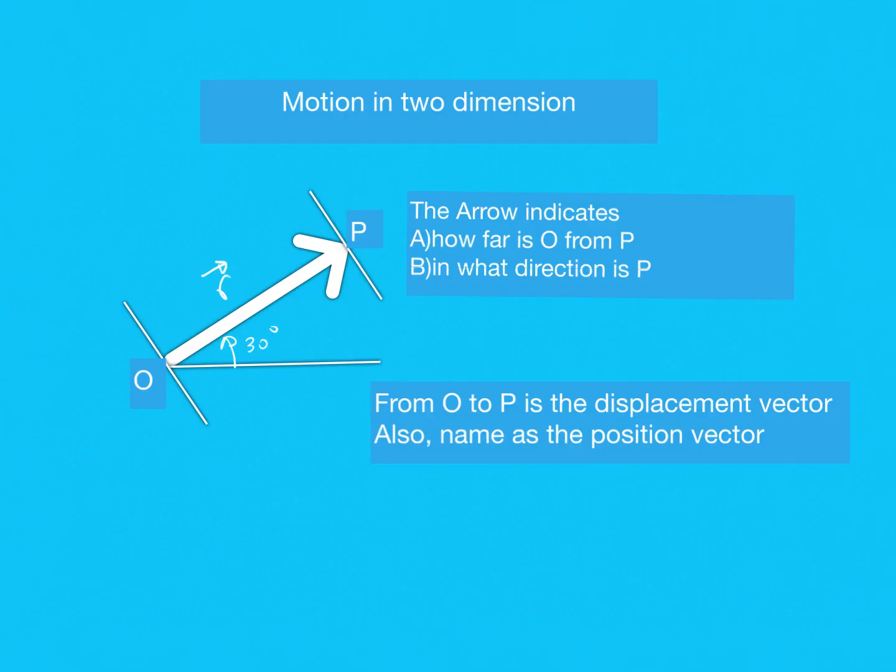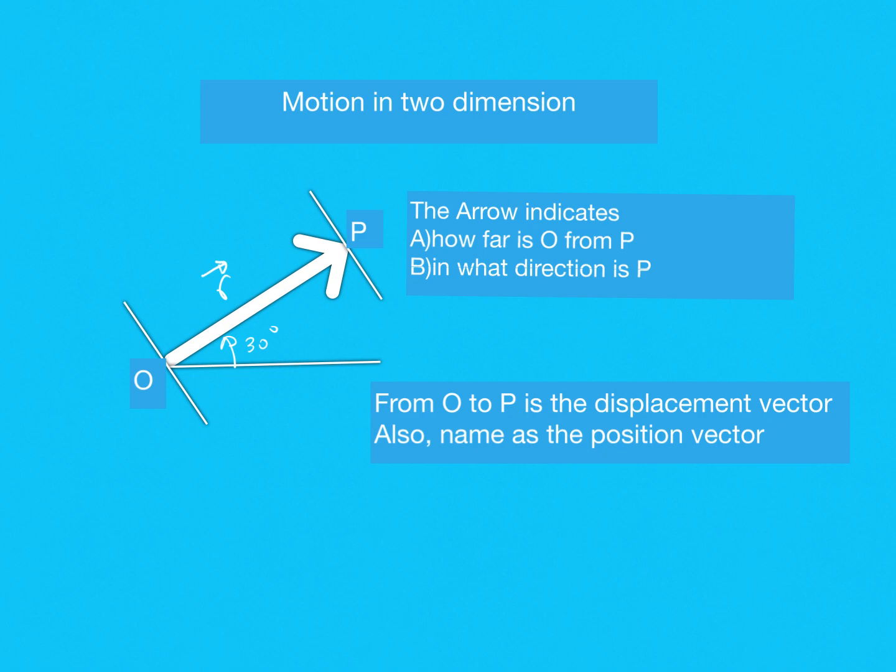In this video, we are going to analyze the motion in two dimensions. The motion in two dimensions is richer than the motion in one dimension because the direction can be infinite. In one dimension, you can be at the position +5 or -5.